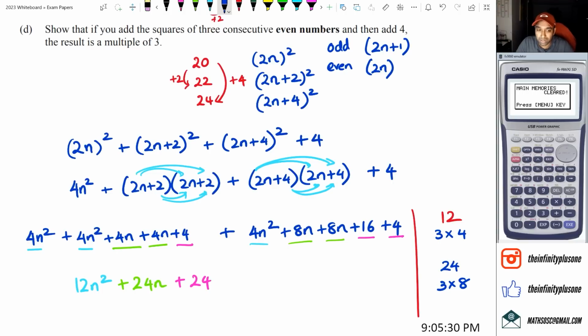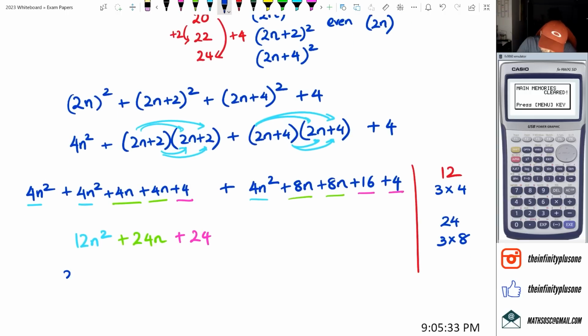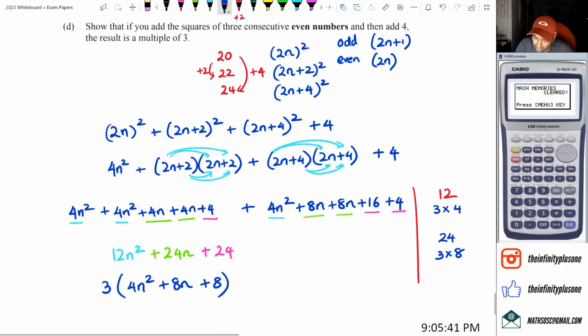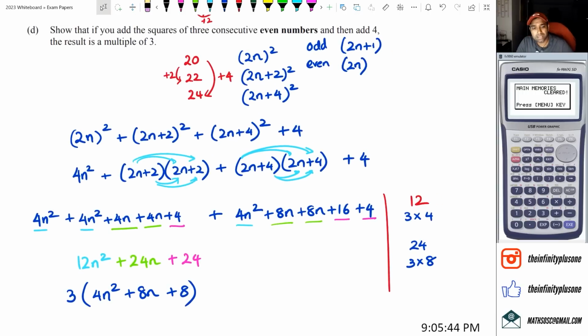I know I can take a 12 out, but I just want to take a 3 out. So I'm going to take a 3 out, which means this is going to become 4n squared plus 8n plus 8. And pretty much that's it, because I've just shown that this has a factor of 3, and I'm going to write that as a statement. So something along the lines of: 3 is a factor, therefore the expression is a multiple of 3.